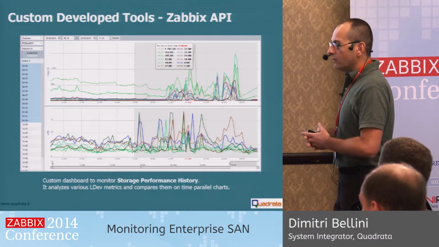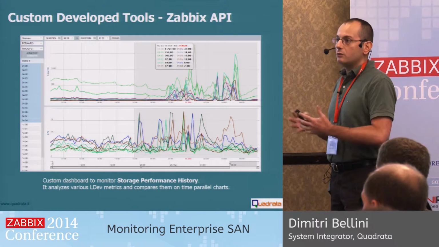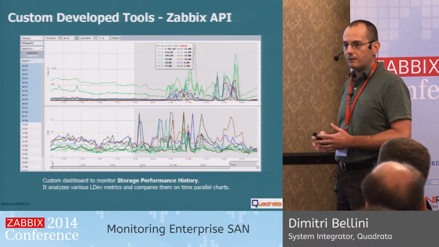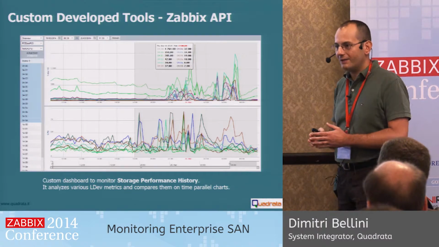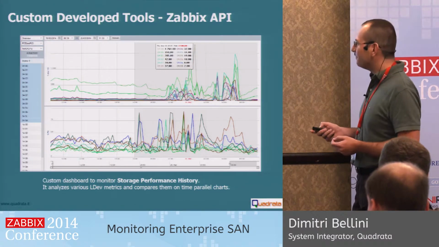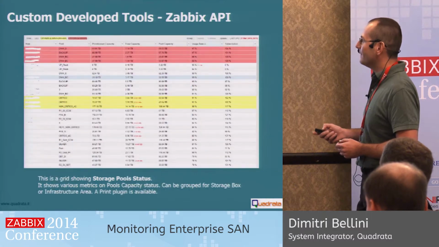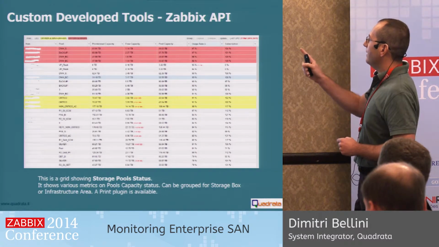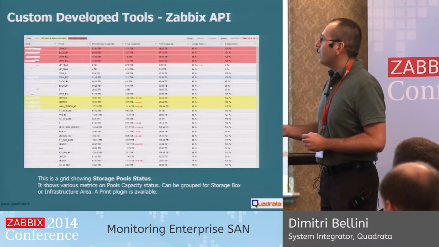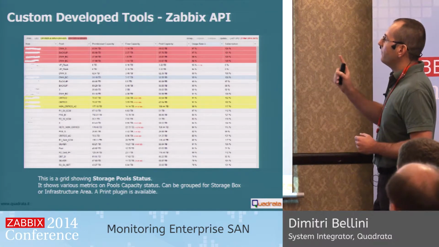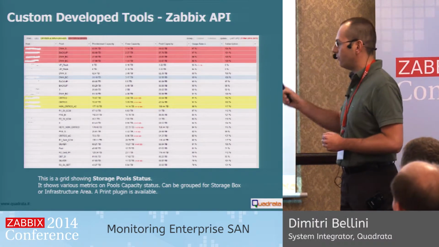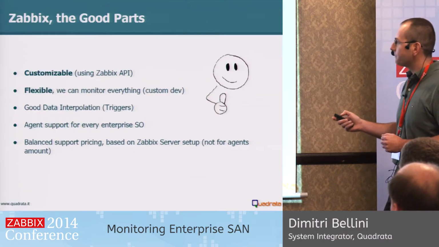At the moment, we don't have a good plugin or a good tool to monitor performance of storage arrays. I think we need that, but I think it's very complex. Another example uses the Zabbix API for monitoring free capacity and the usage rate for a storage array pool.